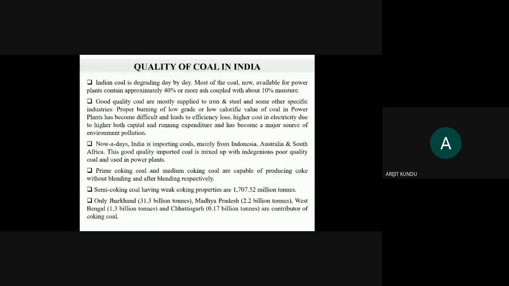Okay, you can see here the quality of coal in India. Indian coal is degrading day by day. Most of the coal now available for power plants contains approximately 40% ash or more, coupled with 10% moisture. Good quality coals are mostly supplied to iron and steel and some other specific industries.